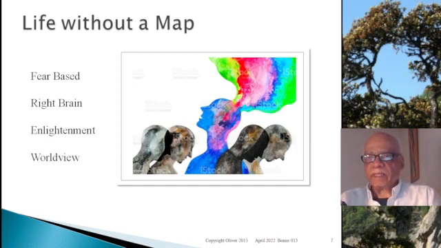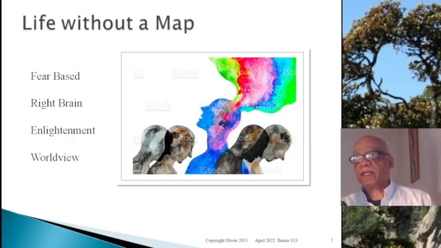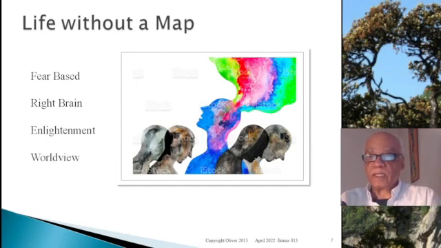Why? Because they look at a situation now, even though there are people not wearing masks, they go back in their past and look at what worked then and what was the prime directive then. And then they bring that up to the future. So if you begin to live without a map, you won't do that. Your left brain will become really just a record. And your life will be based on what's happening in the here and now.